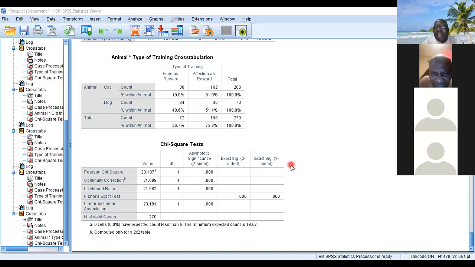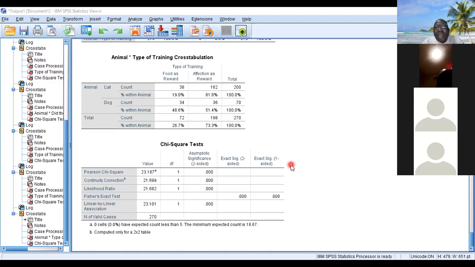I do, sir. That's what I just said. So that is why it means that it's significant. If you look at the log-linear analysis we ran, we have interaction on all the levels between animal and training, which is also significant. It shows there's a significant difference in the distribution of the type of training they give.